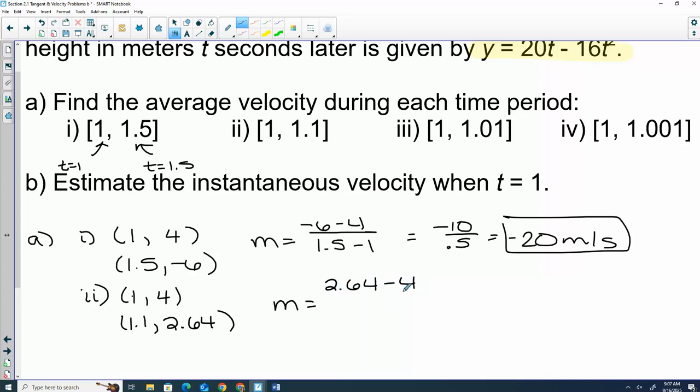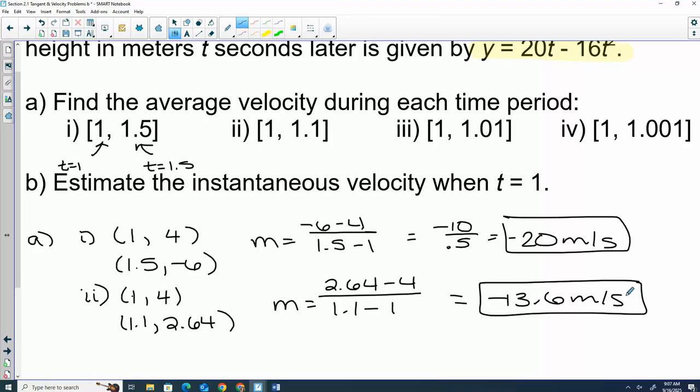Y2 minus y1 over x2 minus x1. And we get negative 13.6 meters per second. Do you guys know how I'm getting these? Okay, why don't you try the next two?